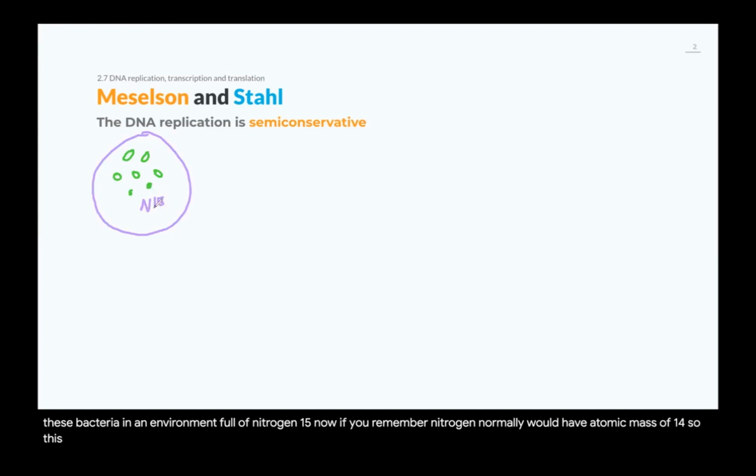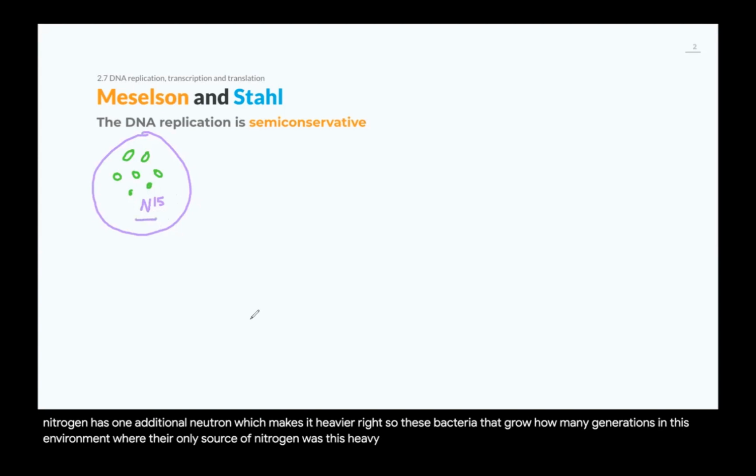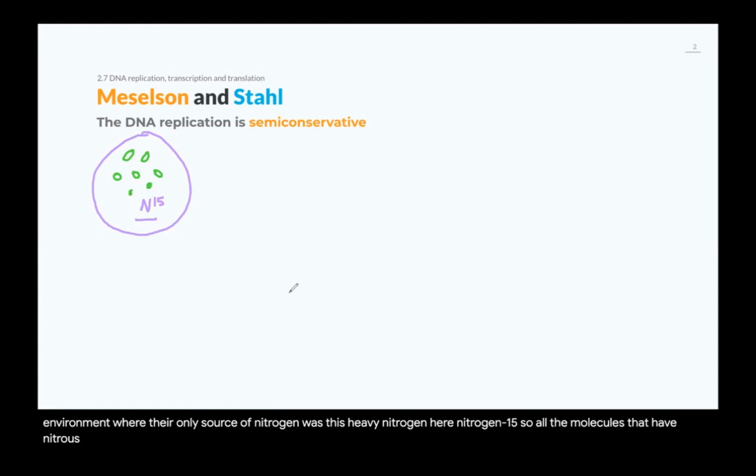This nitrogen has one additional neutron, which makes it heavier. These bacteria grew for many generations in this environment where their only source of nitrogen was this heavy nitrogen, nitrogen 15. So all their molecules that have nitrogen are heavier than they normally would be.